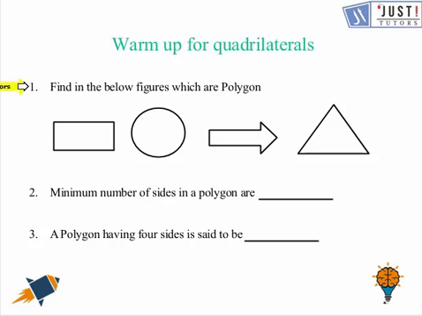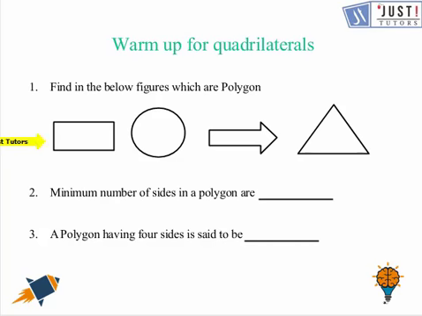So our first question is to find which of these shapes are polygon. So first let's talk about polygons. Polygons are those shapes, in fact those are closed shapes which are made up of line segments or lines without any curved part. So let's see this first shape here.